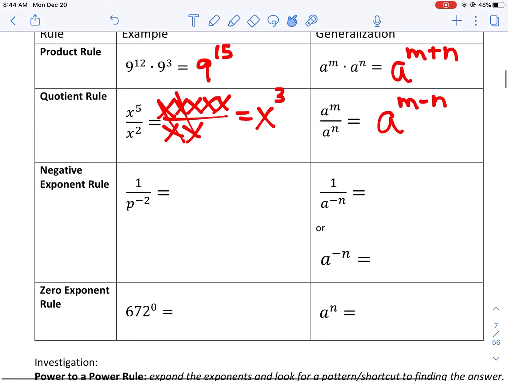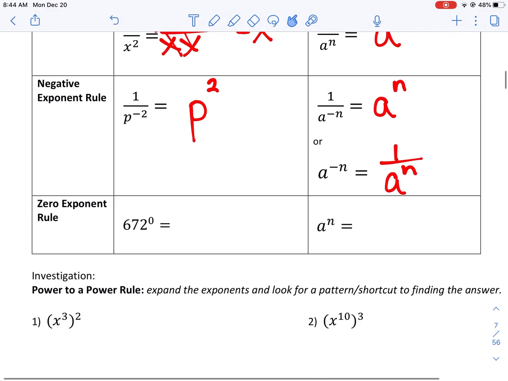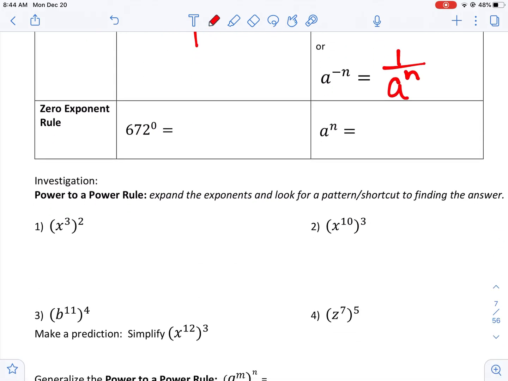Negative exponents. We said yesterday that to get rid of negative exponents, we have to move it to the other side. So this becomes p squared. So when it's on the bottom, it becomes a positive a to the n in the numerator. And if it's a to the negative n, we have to move that to the bottom, 1 over a to the positive n. And then we said anything to the 0 power.